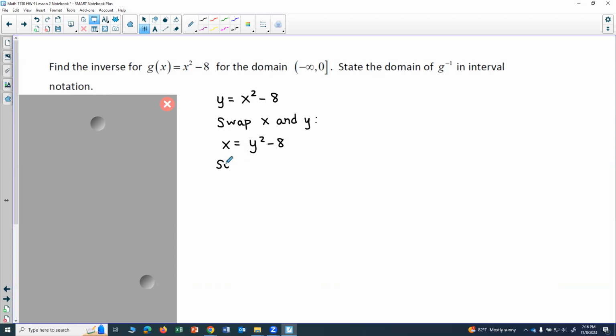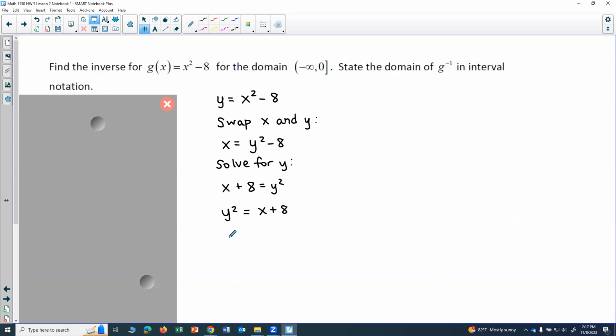I want to solve for the new y. So I'll add 8 to both sides. I get x plus 8 equals y squared. And let me just rewrite this as y squared equals x plus 8.